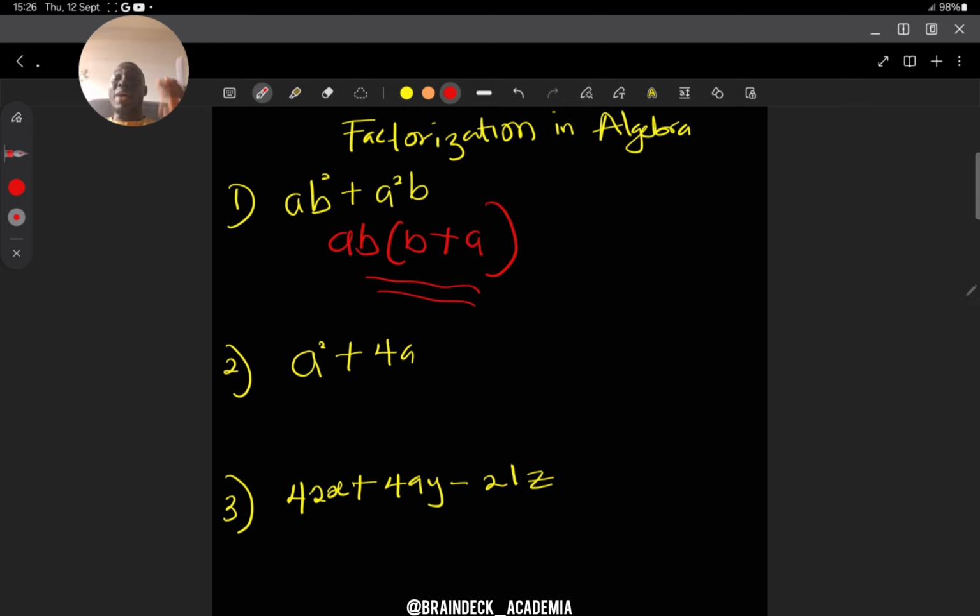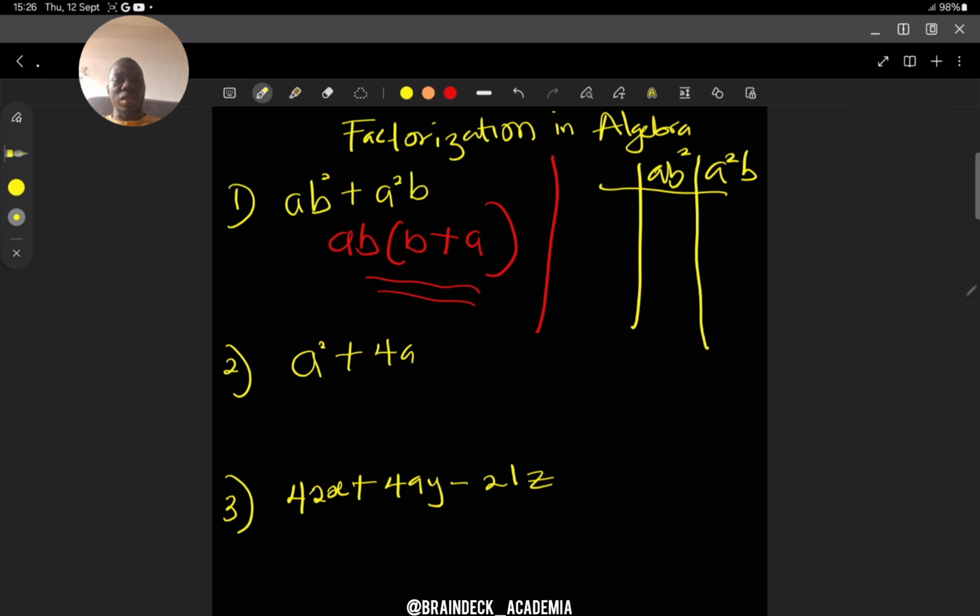Now this is a direct approach of doing it. There's another way of doing it. You can use your HCF form, whereby you write AB squared, and you don't need to put the plus sign since you already know it's a plus that is there, then you have your A squared B. Then you start factorizing one after the other. A is here, A is here. If I remove A from here, I'm left with B squared. A from here, I'm left with AB. Now there's no more A here, so I cannot factorize because they don't have anything in common.